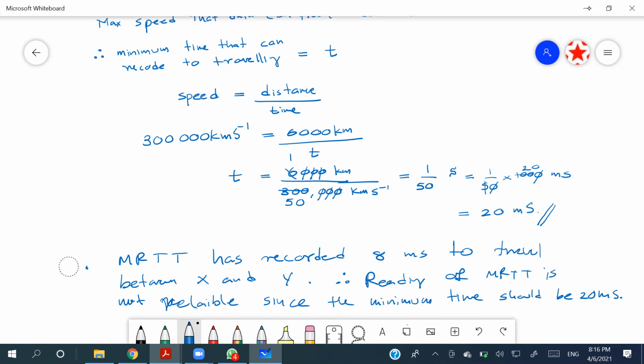Right? You should write it in this manner.